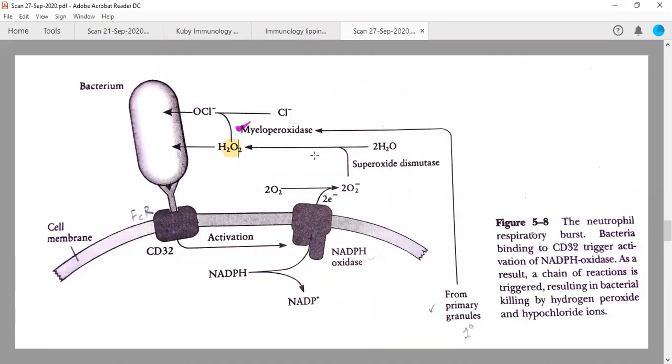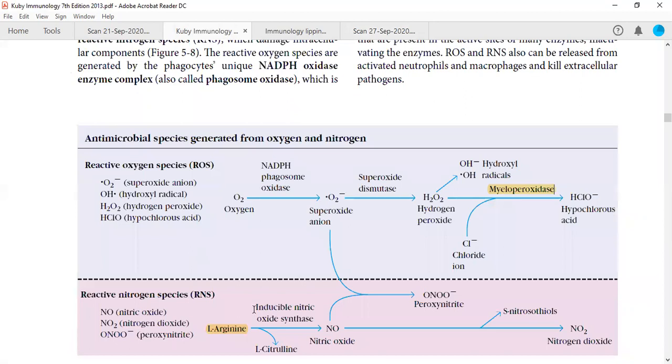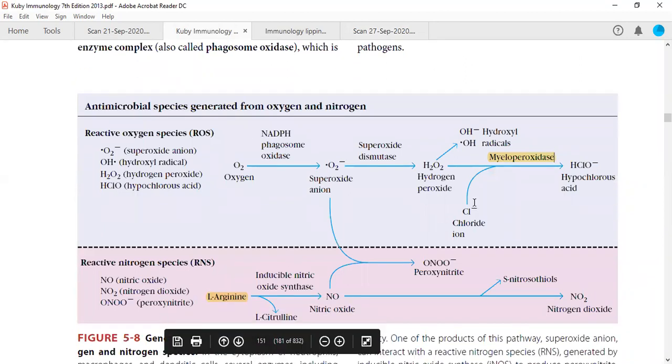If you have a query, please ask me, because we have discussed everything about neutrophils and their cytoplasmic granules, what kind of enzymes they have, and how these enzymes operate so that they can synthesize reactive oxygen and nitrogen species out of oxygen and the amino acid arginine to kill the microbial cells.